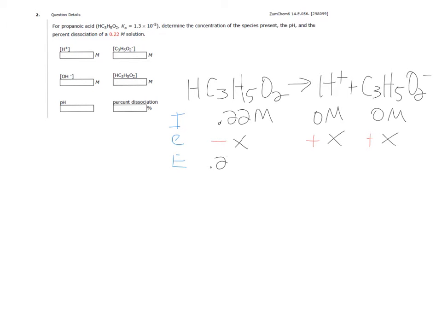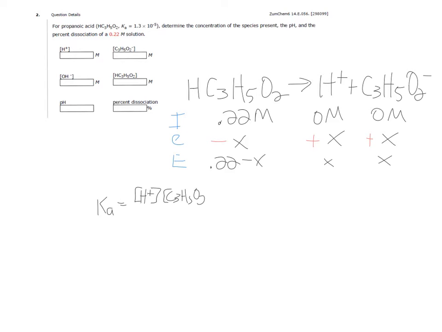The coefficient for all species in this equation is 1, and so it's minus 1x, plus 1x, and plus 1x, which brings us to the equilibrium line of the ice table, where we get to write equilibrium expressions in terms of x. Now they gave us a Ka value, and Ka is calculated using product concentrations over reactant concentrations.